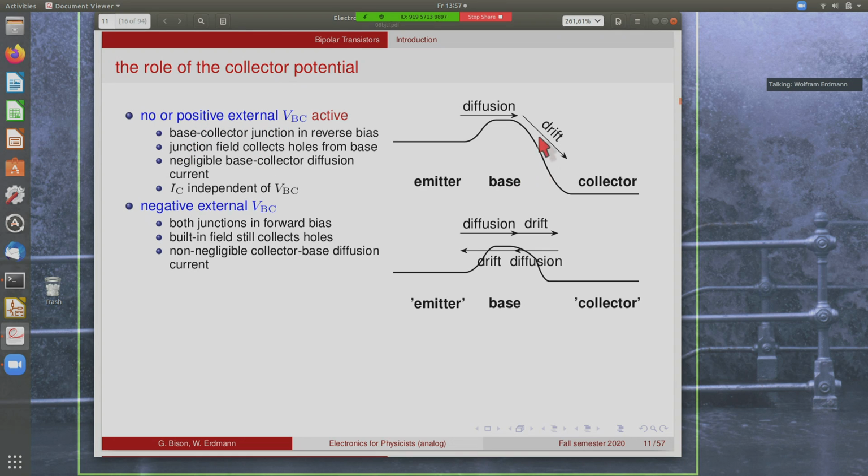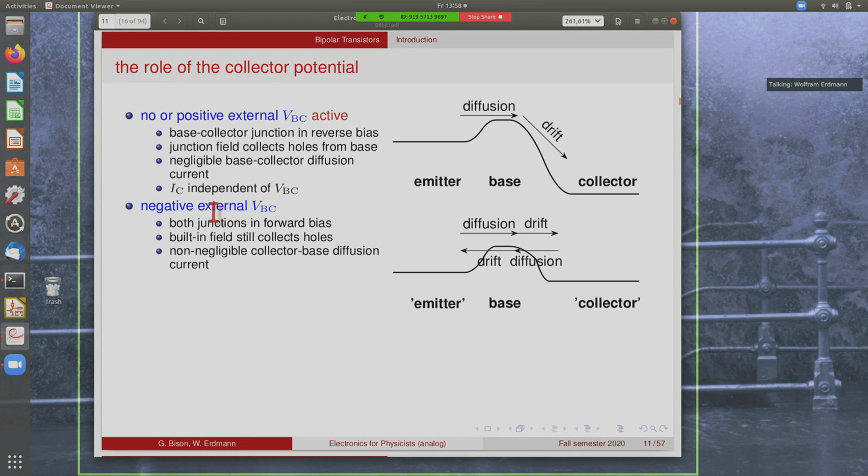This field collects the holes that diffuse into the base. We neglect the reverse current here, and the current is then independent of what the base collector voltage is. It doesn't really matter. We already collect all holes when this potential is more or less at the same level as this one. There's still a junction field.